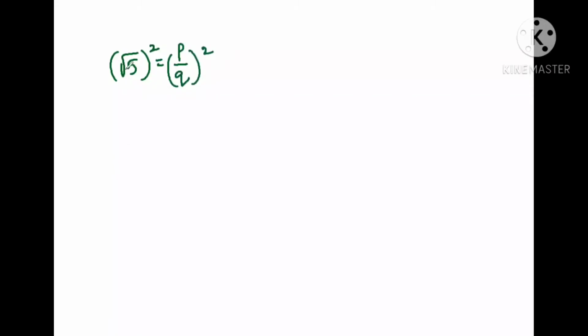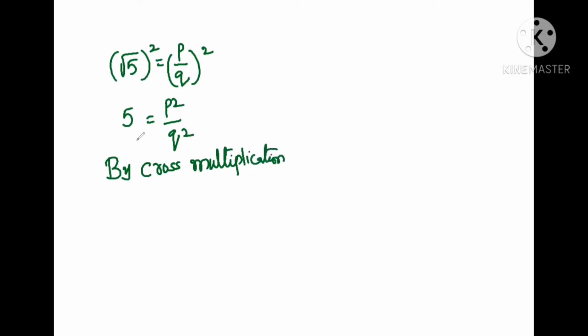Here root 5 square means square root of 25, and square root of 25 means 5. Here p square by q square. By cross multiplication, 1 into p square, p square, 5 into q square, 5q square.